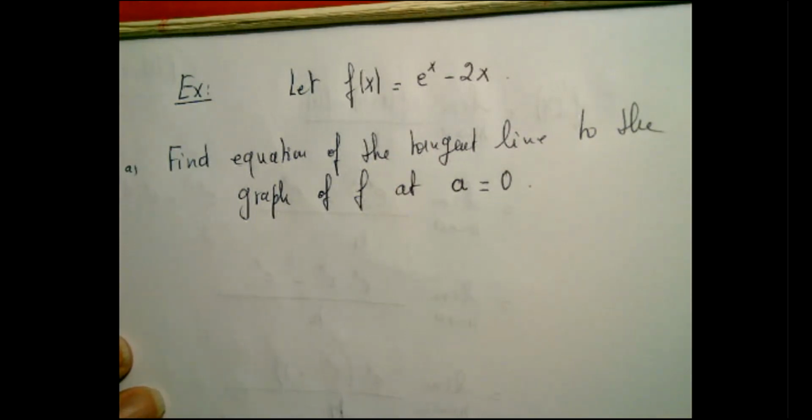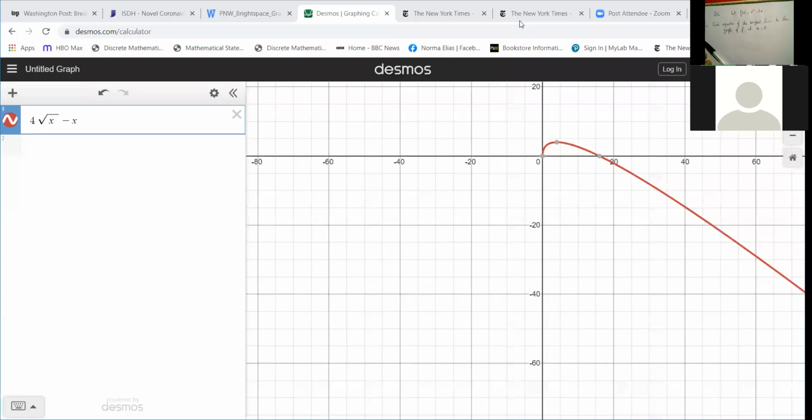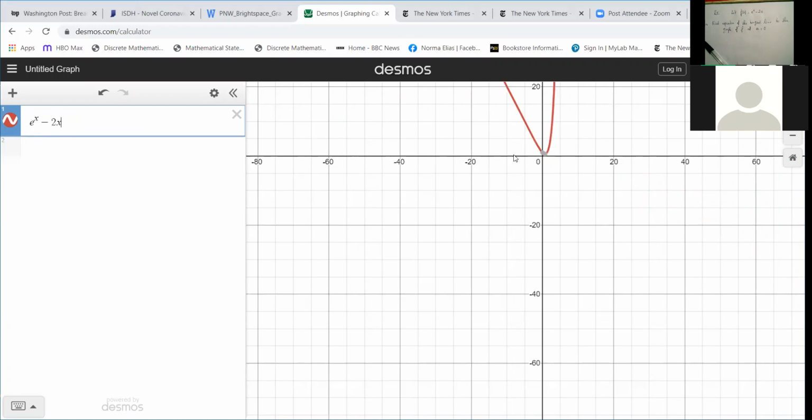All right, so let us pick up a little bit and see how the graph looks like. Sometimes it's nice to know. So this is e to the x, and this is minus 2x.